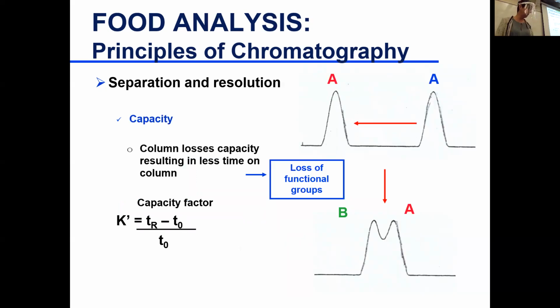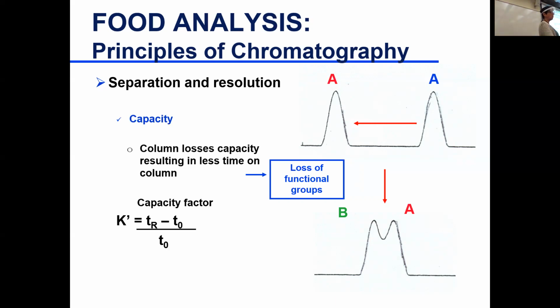And I think we talked a little bit about that with the groups that did the HPLC already. With overuse of the column, two things can happen. One is impurities can make their way to the column and block some functional groups. Then they won't be available to interact anymore, so you don't have enough interaction with the column.